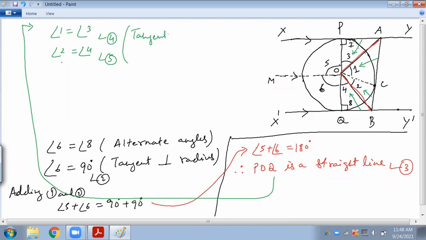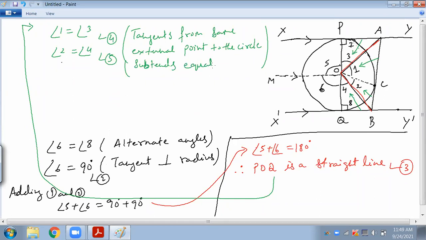Tangents from the same external point to the circle subtend equal angle at the center.